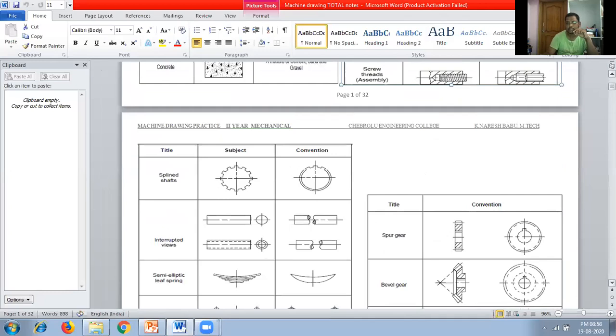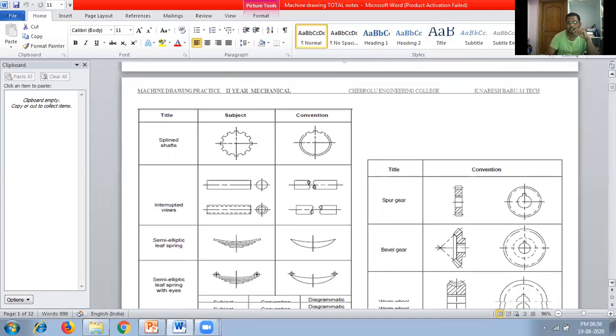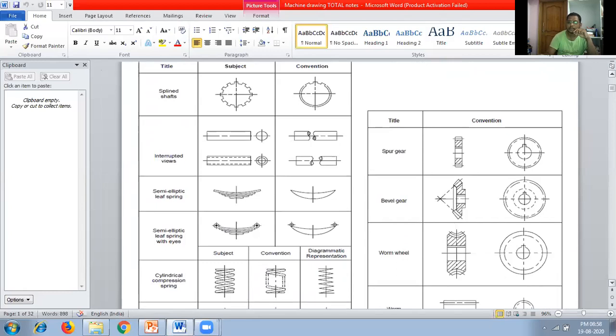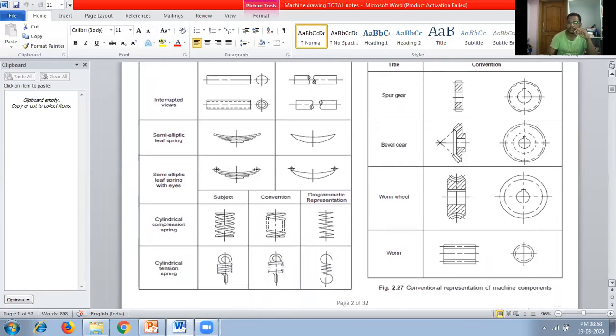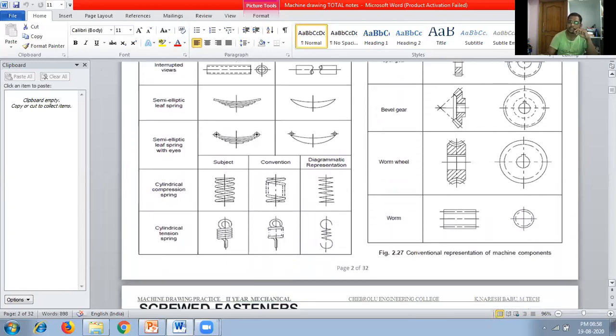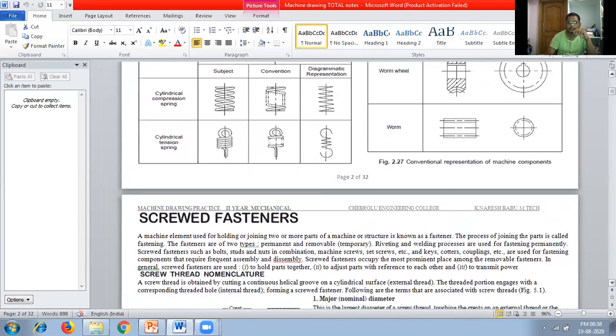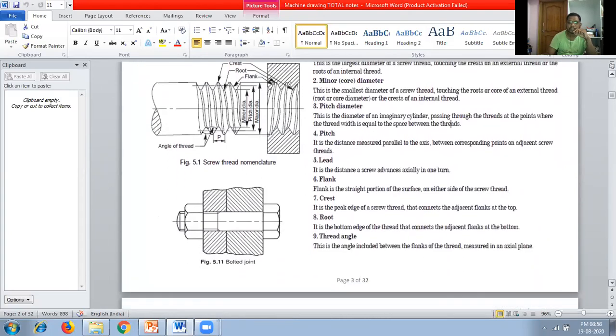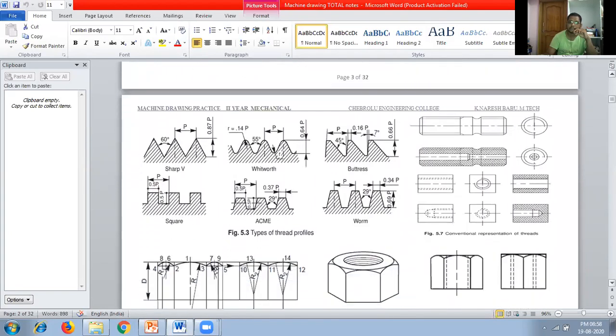So these are the examples for part drawings. These are the engineering components. These are the conventional representations of machine components. Now this is the conventional representation of thread profiles.